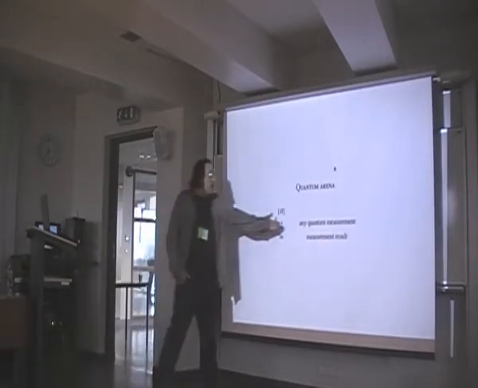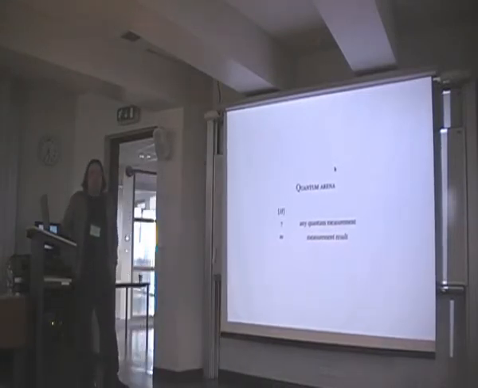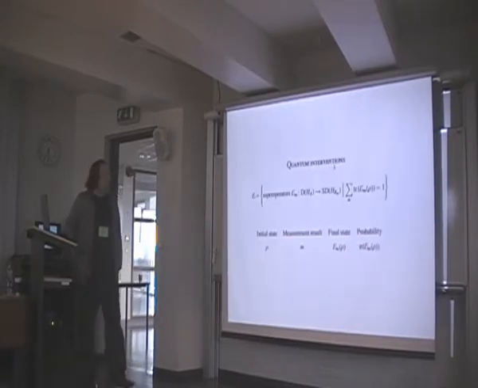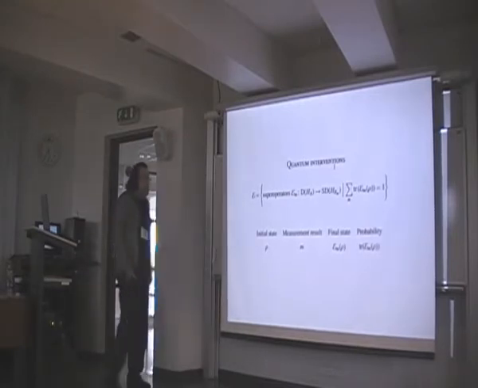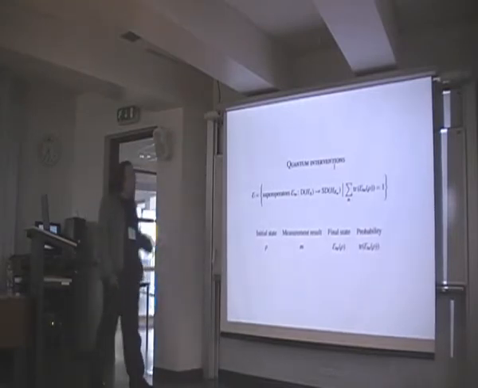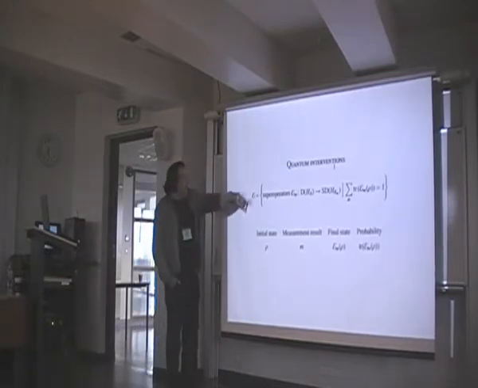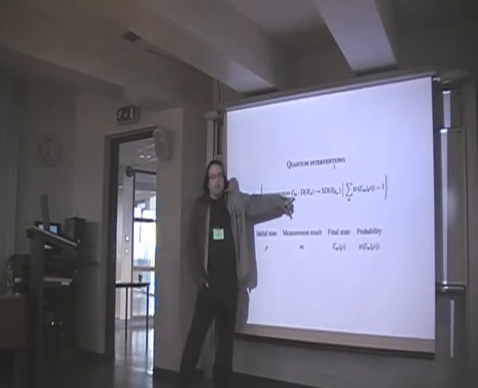So what kind of measurement are we going to use here? There are many measurement formalisms, and I found out that the most convenient one, though quite abstract, is quantum instrument. A quantum instrument is just a family of superoperators indexed by measurement result.